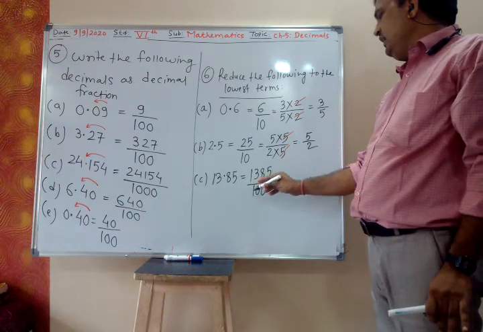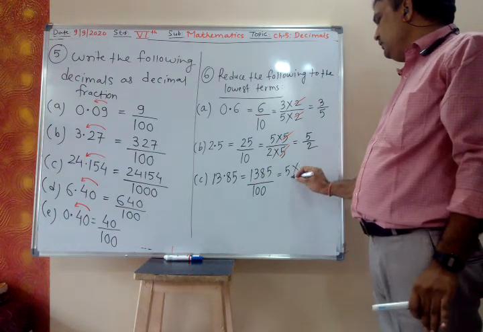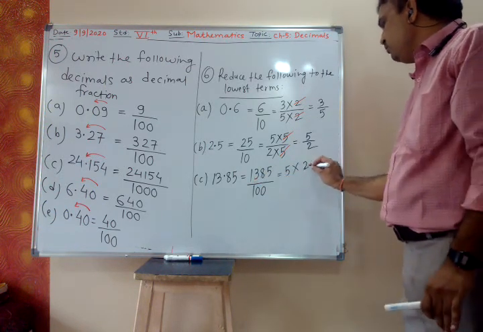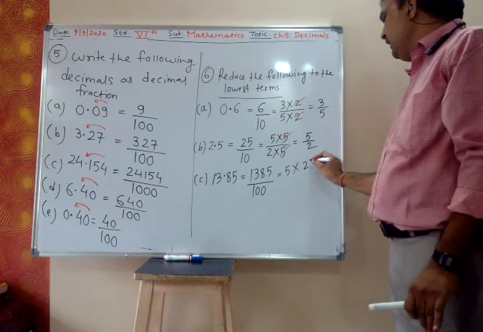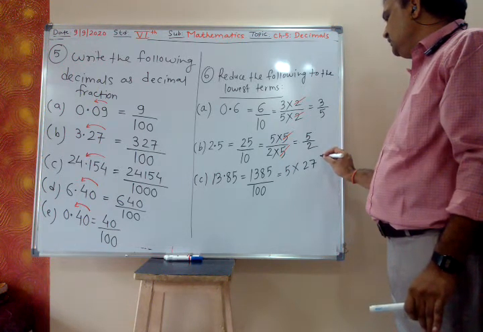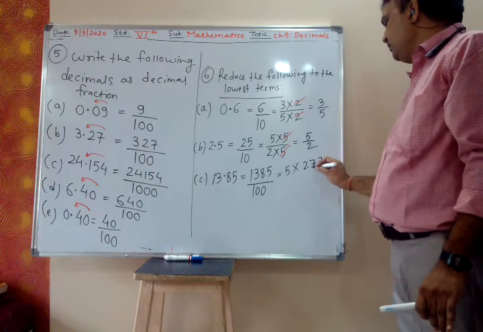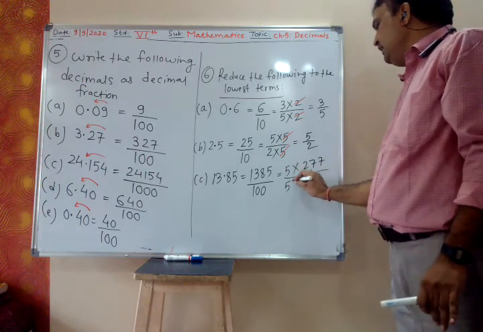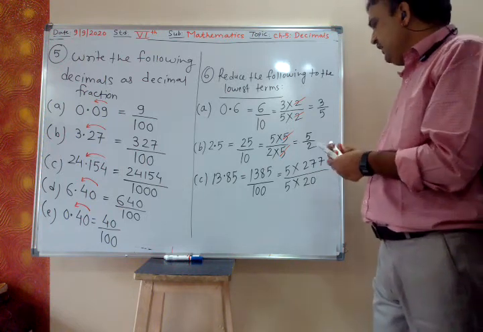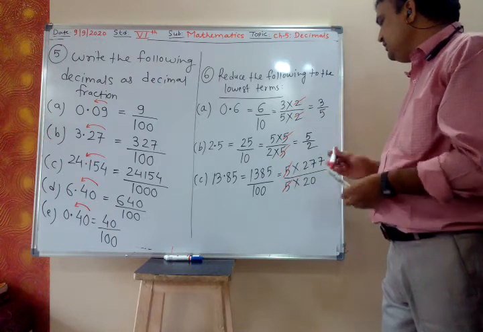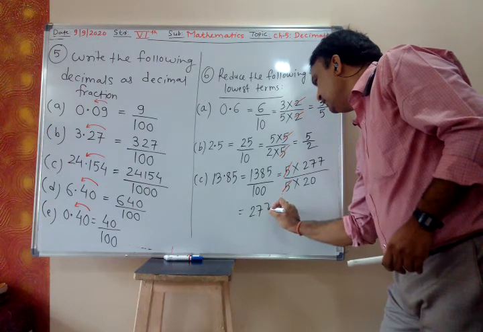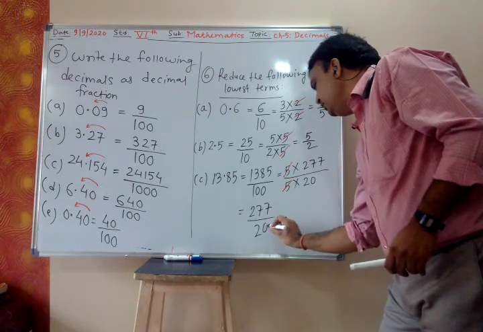So this I can write as 5 into 277, and you can divide the denominator by 5 as well: 5 20s are 100. So 5 into 20. Then 5 gets cancelled, 5 gets cancelled. What is that? 277 upon 20.